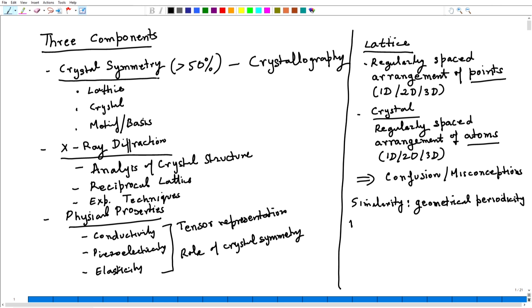And now let us focus on the differences. Differences, case of lattice, it is an abstract geometrical entity, and in the case of crystal, this is a physical entity.